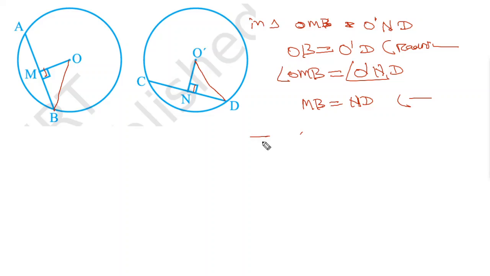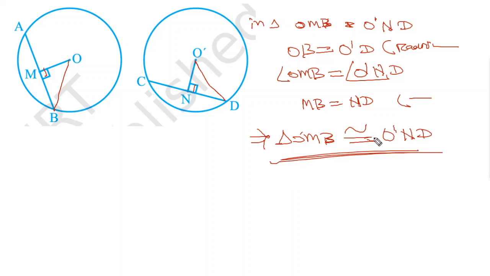Implies two triangles will be congruent. Triangle OMB will be congruent to triangle O dash ND. Now as these two triangles are congruent, their corresponding parts will be equal, hence OM equal to O dash N. So this is what we needed to prove, hence proved.